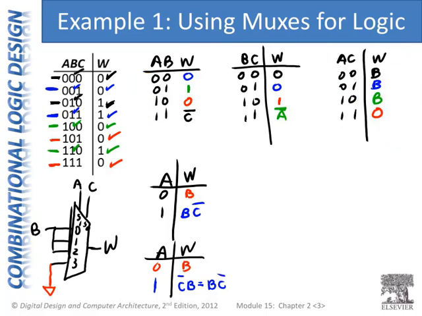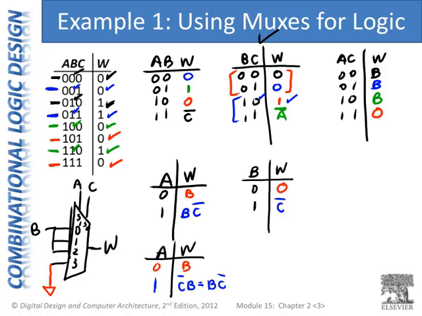Okay, so now we could try what happens if we put B on the select line. We can use either of these two tables to get that result. We'll start with this table. So when B is 0, these two rows, there's no way to get a 1 on our output W, so the output is just 0, independent of C. And next case, when B is 1, we can get a 1 if C is 0.